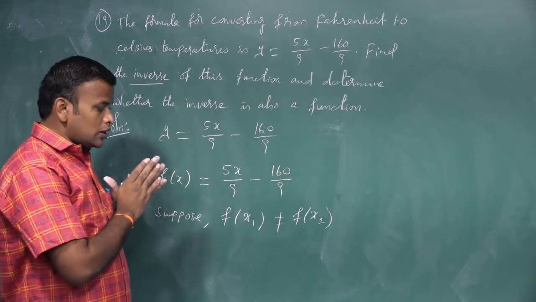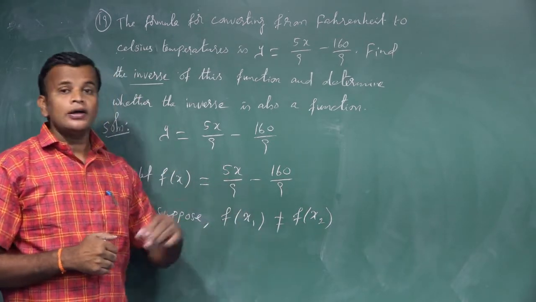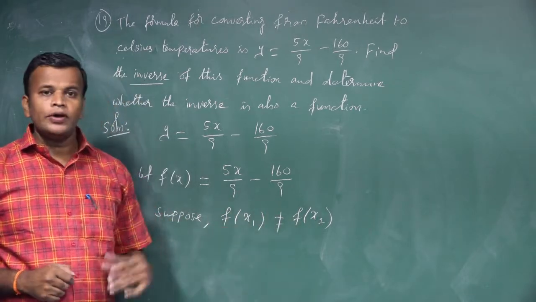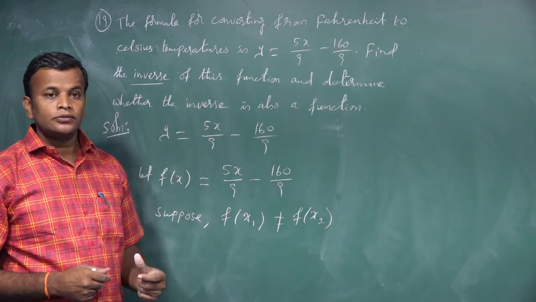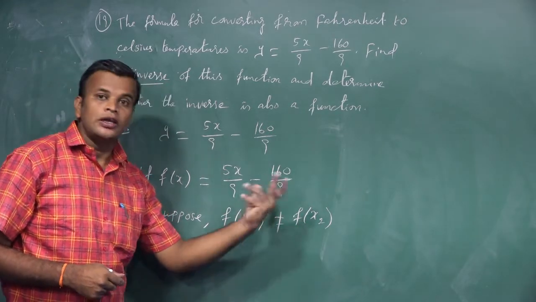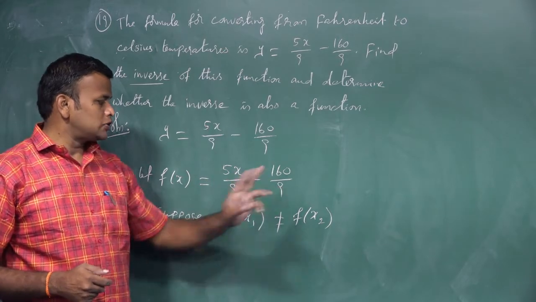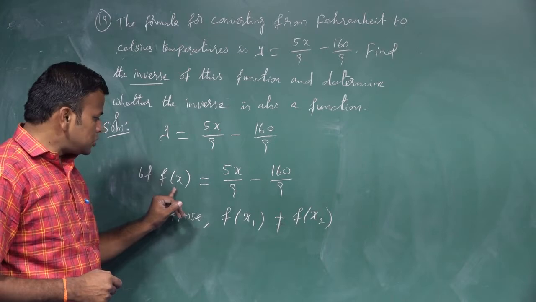So it is also one of the concepts to find whether the function is a bijection or not. So f of x1 is not equal to f of x2. Now suppose this one is impossible, that is, both being equal is impossible. F of x, how to define it? 5x by 9 minus 160 by 9. So what is the value of f of x1? We replace x by x1.